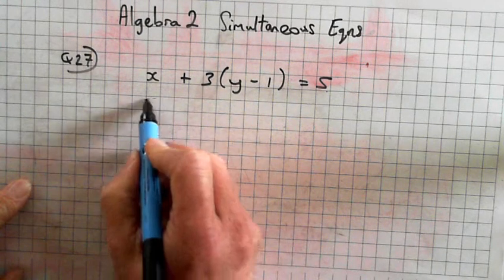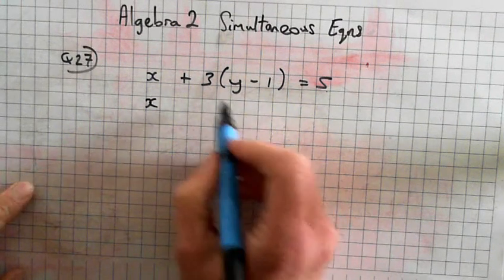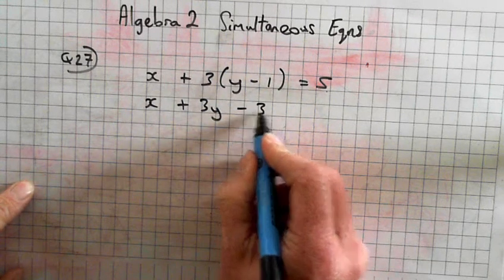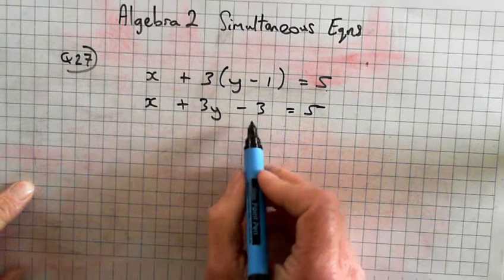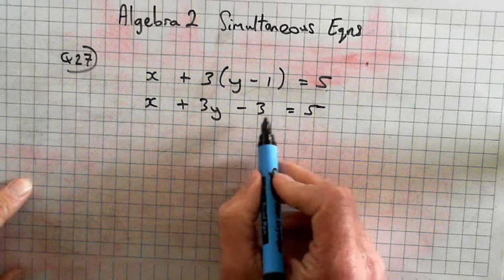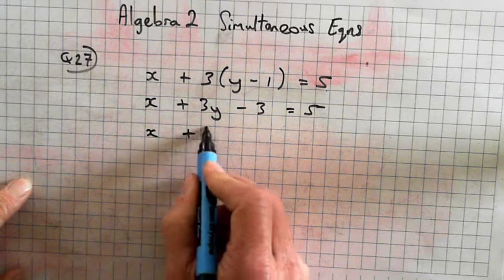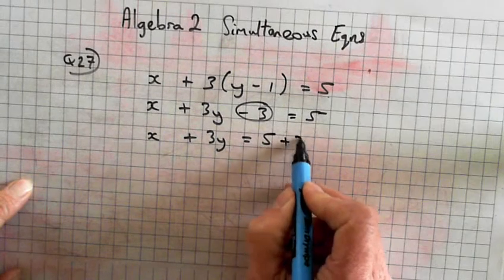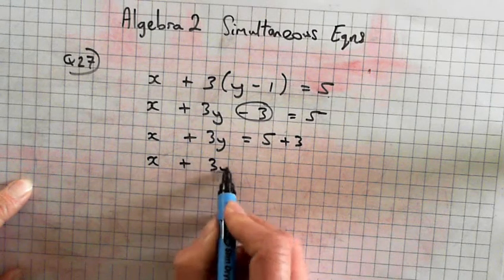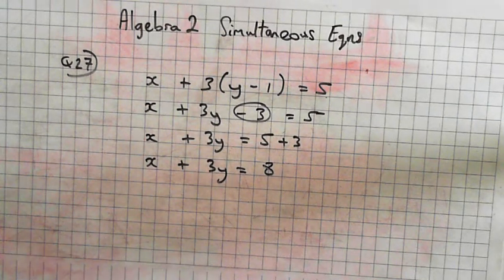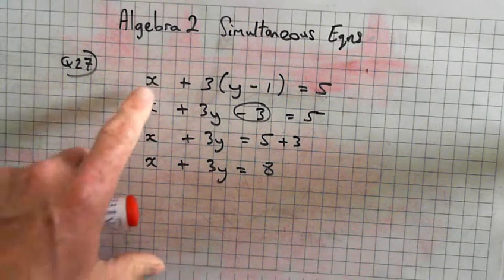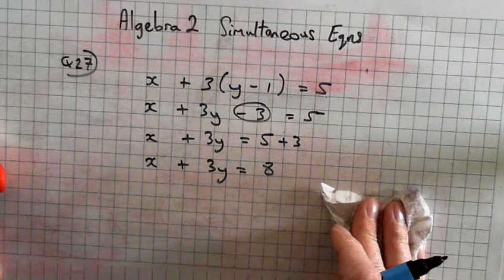Going to multiply, so we're just sorting out the first equation first. So 3 times y, 3 times minus 1. In the equations that we're using, we need the numbers to be on the right, don't we? So we've got x plus 3y is equal to, move the minus 3 across. x plus 3y is equal to 8. So that's one of our starting equations. Okay, so that's our first equation, set up.